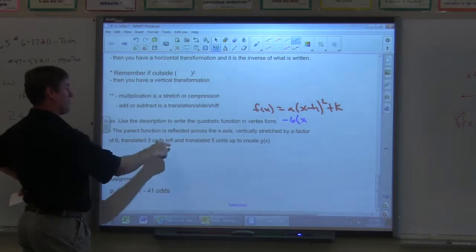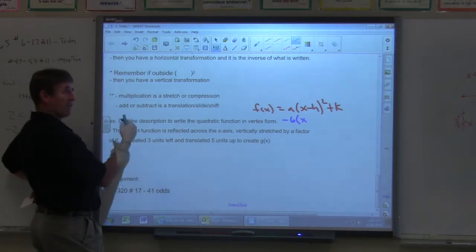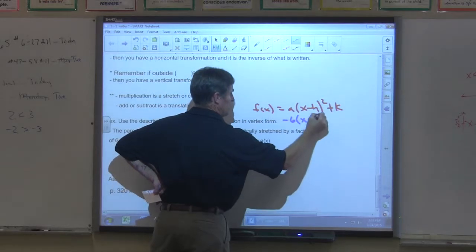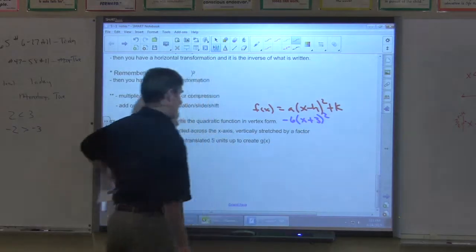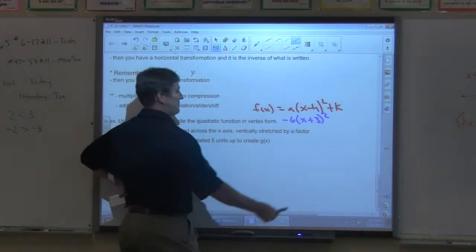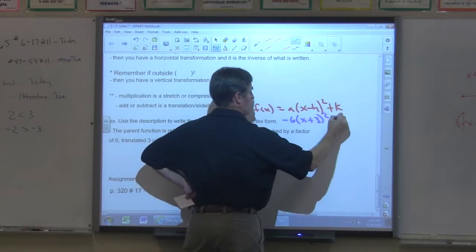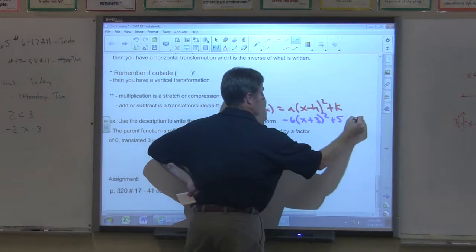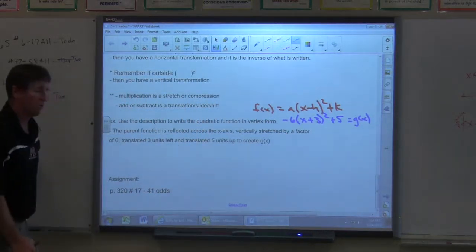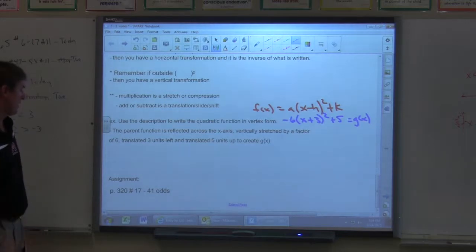It's translated 3 units left. That would be a negative 3, so the opposite of that would be plus 3. And then it is translated 5 units up. So it's outside. And that gives us our g of x function. So fairly easy on that part.